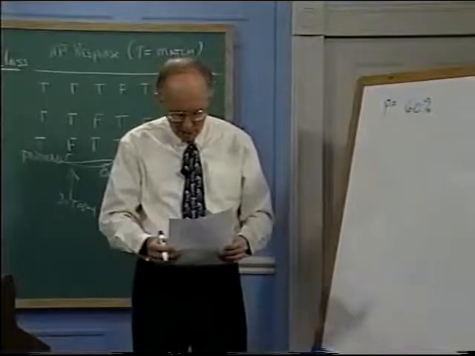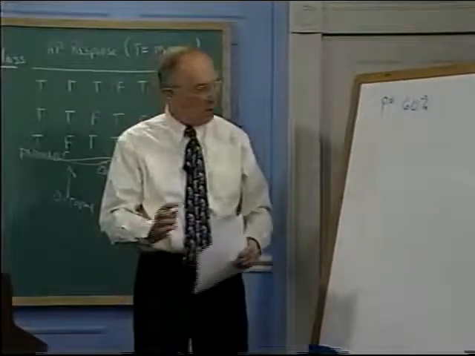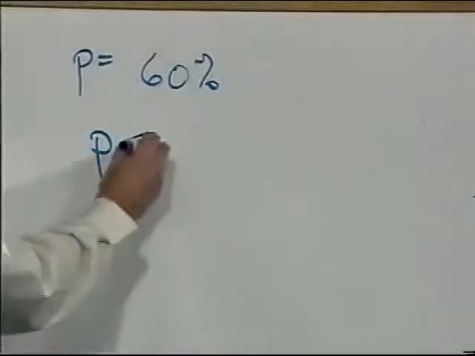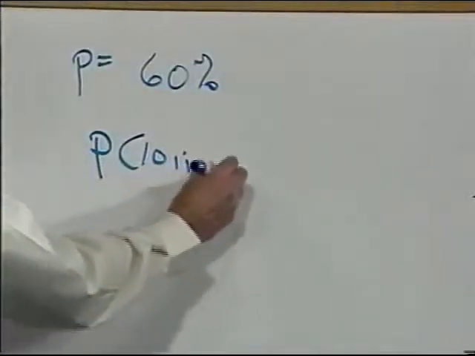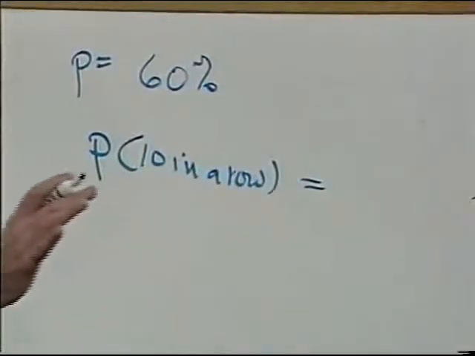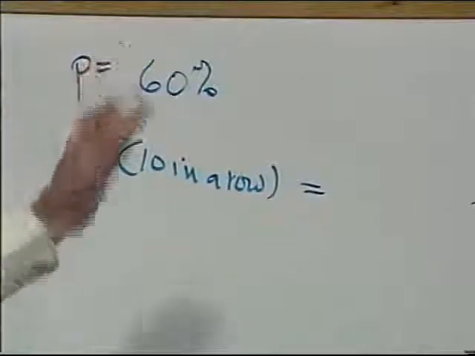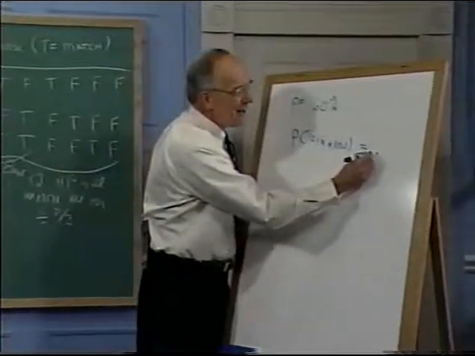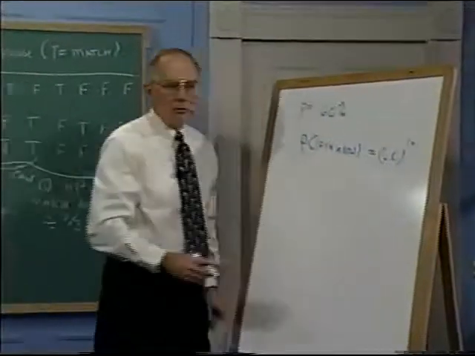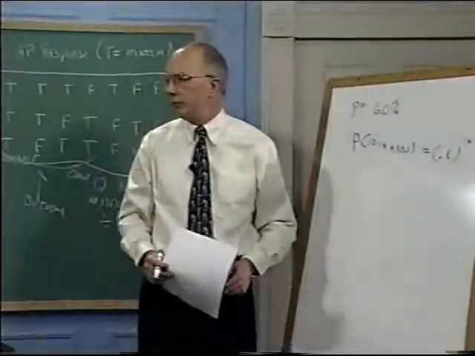Well, it turns out, as we'll see next time, that the probability of 10 in a row is nothing more, assuming these are what we're going to call independent events, and we'll define that more precisely next time, 0.6 to the 10th power, which means multiply 0.6 together 10 times.